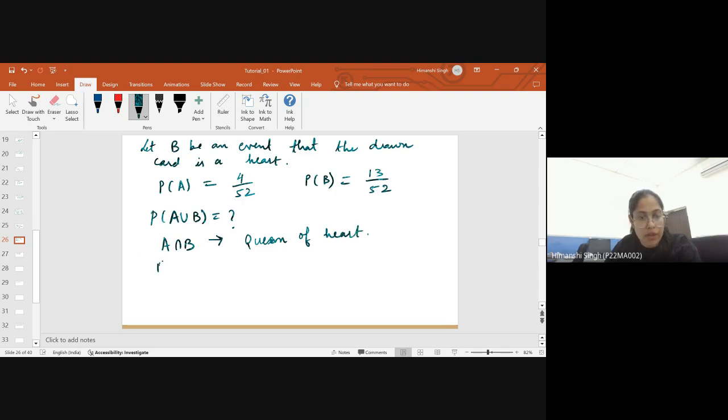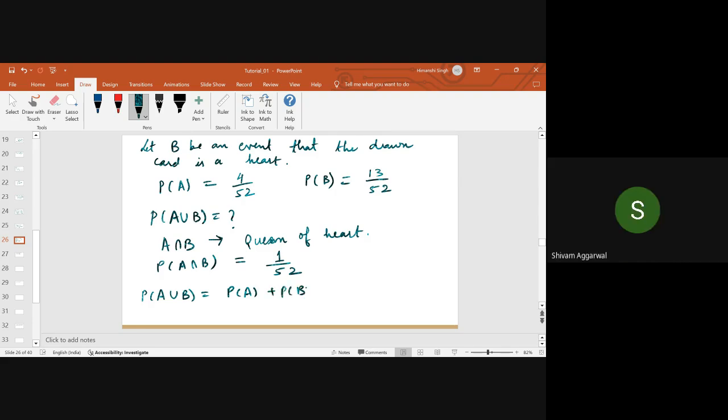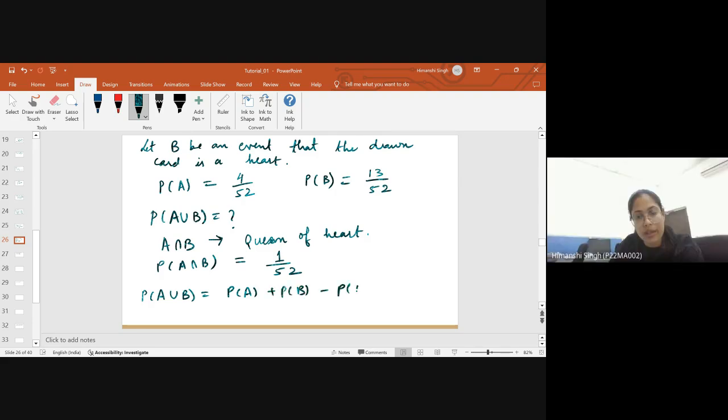So the probability of A intersection B will be what? How many queen of hearts are there? Only one. So it will be 1 by 52. So, as the professor has already told, the probability of A union B is equal to the probability of A plus the probability of B minus the probability of their intersection.